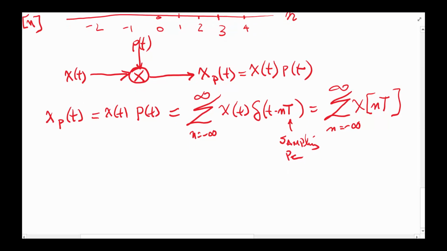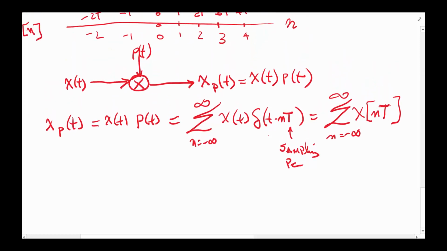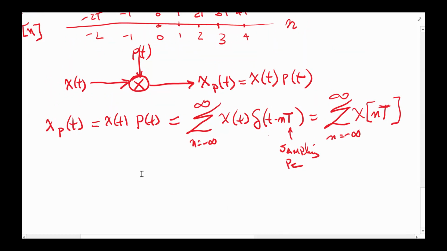So that's basically how we do it. And going from here to here, you can try to convince yourself you understand what this conversion is about. Anyway, we've done that. Now we are at a place where we have our sampling done and we have our signal.